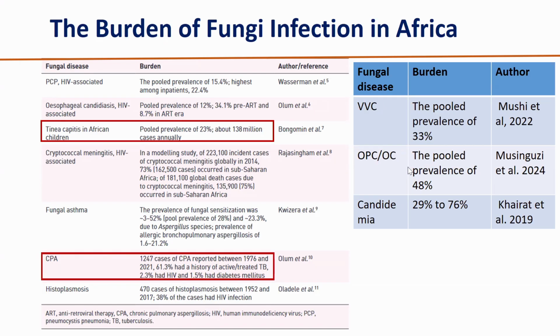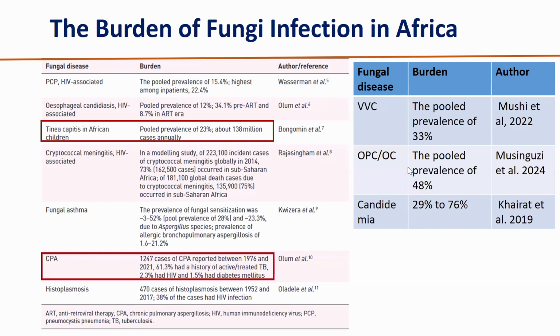But when you go to the common infection like vulvovaginal candidiasis, the study that we did back in 2022, this was a systematic review of vulvovaginal candidiasis among women in sub-Saharan Africa. The pooled prevalence was up to 33%, which is very high.